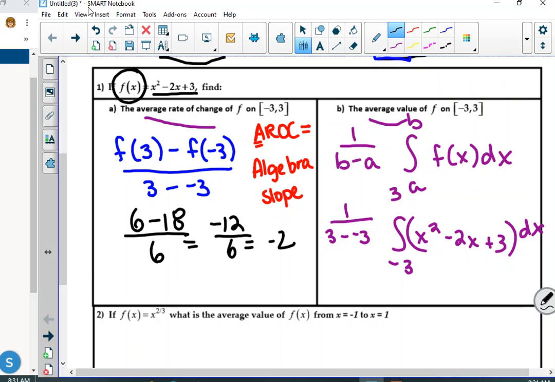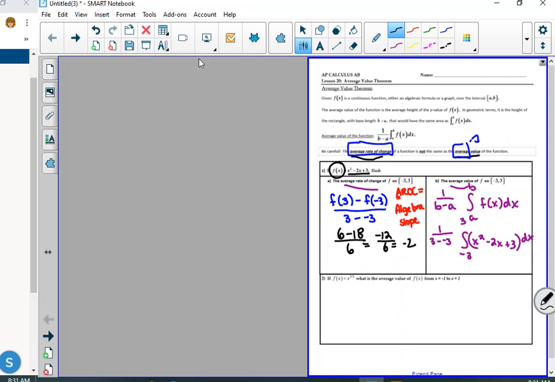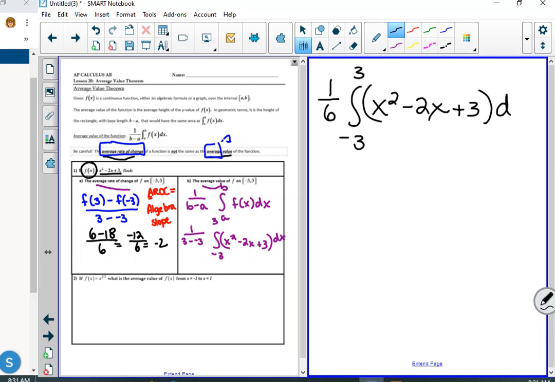Now, question B is a lot of fun. Let me throw a dual page on here. So this is going to be 1 over 6 times the integral from -3 to 3 of x squared minus 2x plus 3 dx.